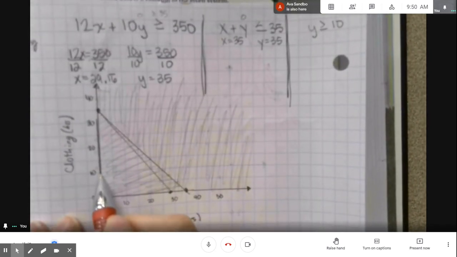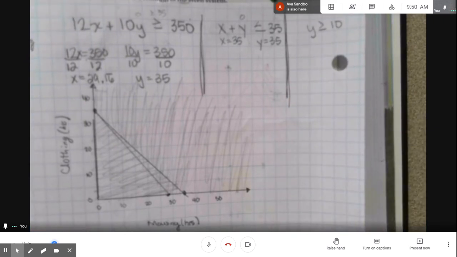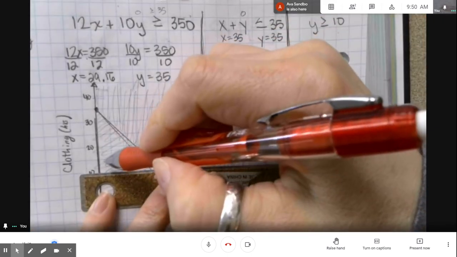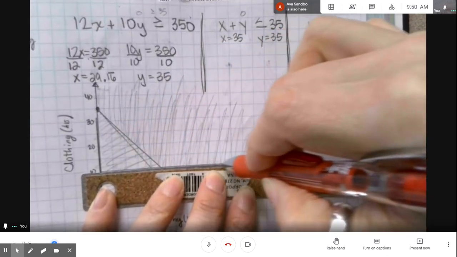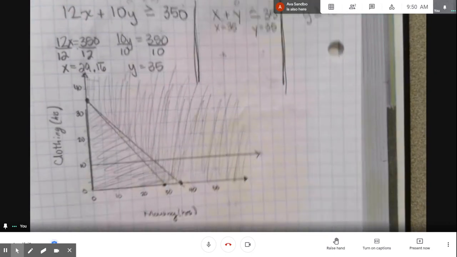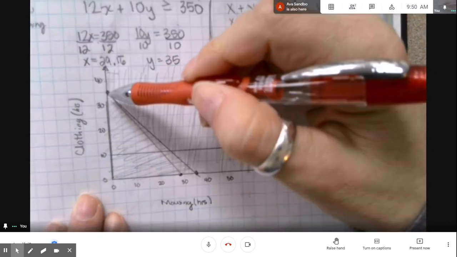And then I have to graph y is greater than or equal to 10.